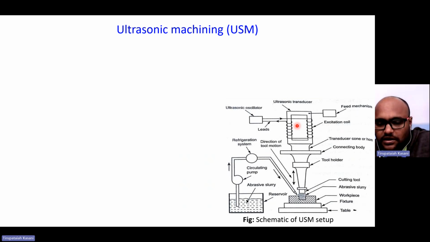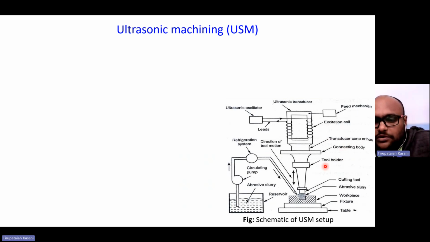Here the frequency is very high, but the amplitude is very low. High frequency but low amplitude. To enlarge this amplitude, we are using this connecting body and transducer. This oscillation motion is amplified using the transducer and the connecting body.